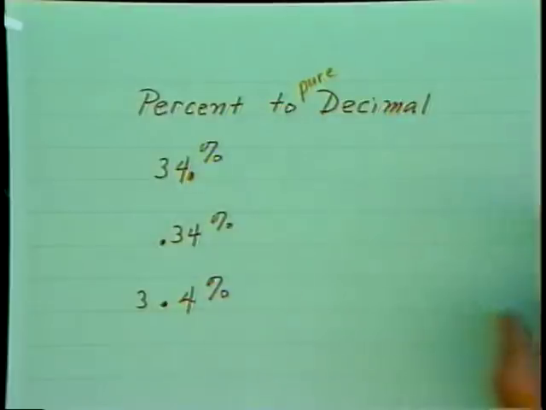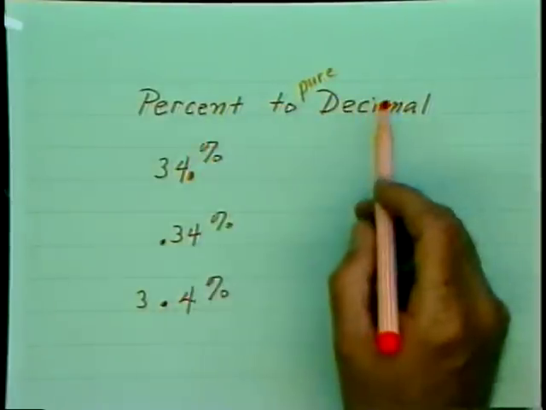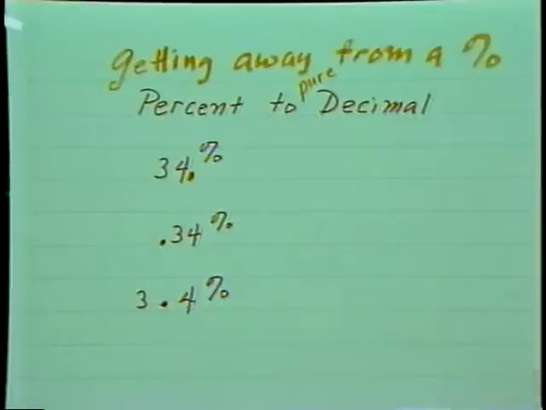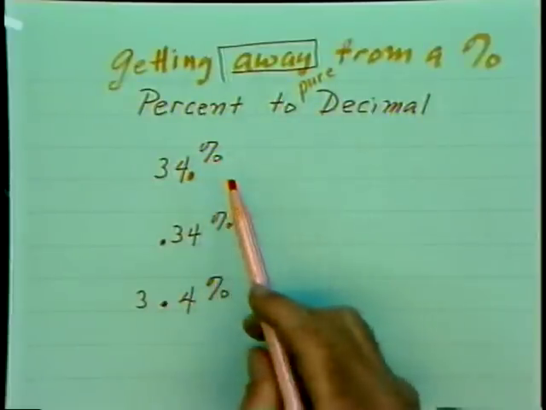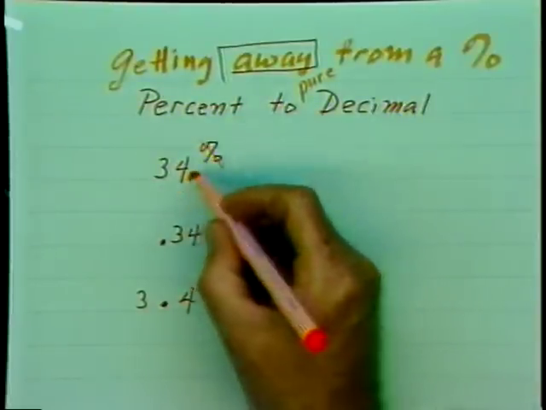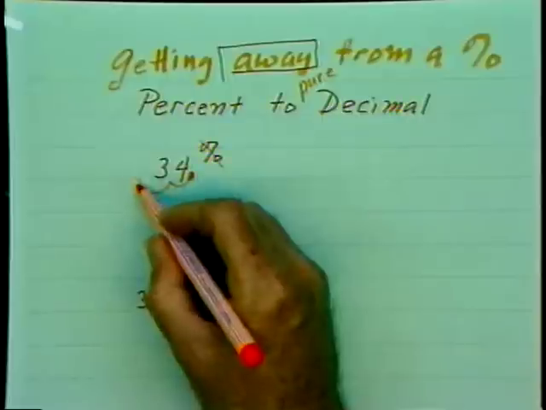On this problem we said the key to help remember this was that you really want to get away from this percent. So concentrate on the thought that I want to get away from the use of this percent. Then in that case we drop the percent, move it 2 places away.